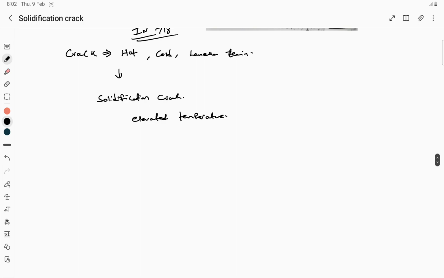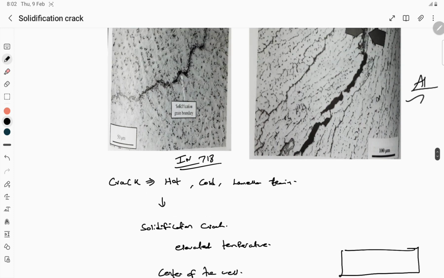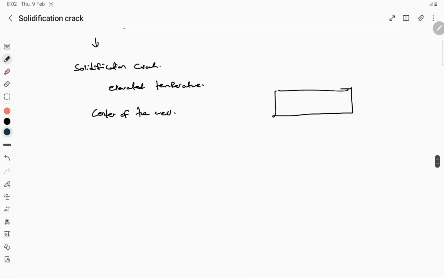So solidification crack generally occurs in the center of the weld mostly. So we know that in any weld we have three important zones. One is the fusion zone, where the material will be heated to melting point. Adjacent to that, we will be having a heat affected zone.